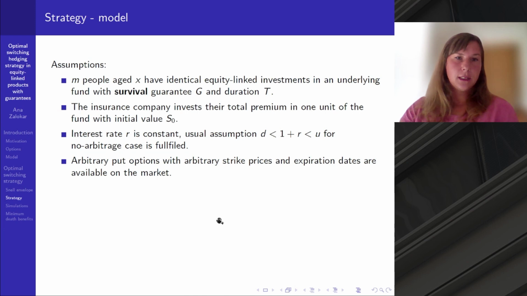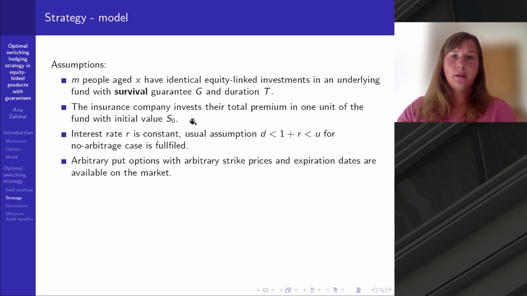So what are our assumptions? We have M people, all aged x, all with identical equity-linked investments in an underlying fund with survival guarantee G and duration T. This means that the people who survive this time period T get this guarantee G. The first case did not include the death guarantee.